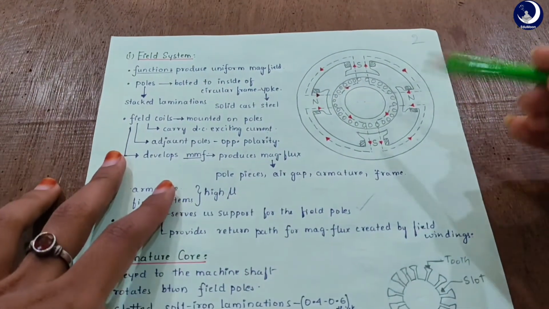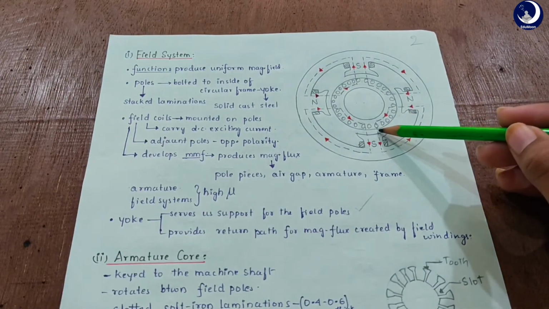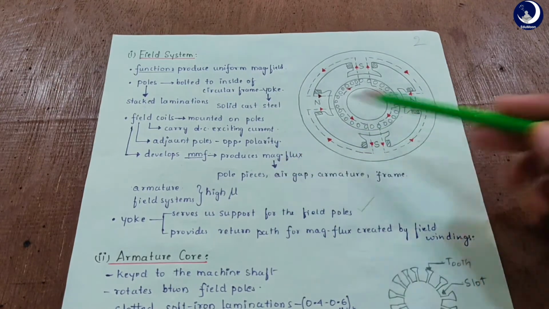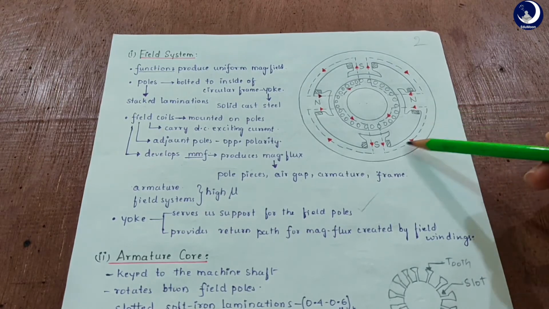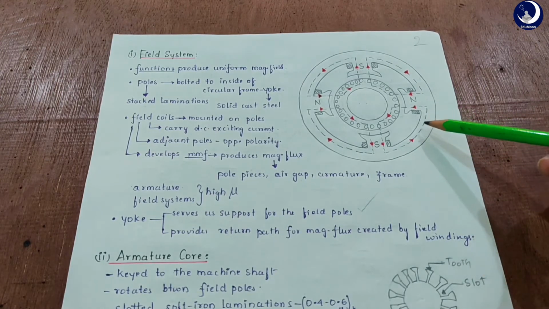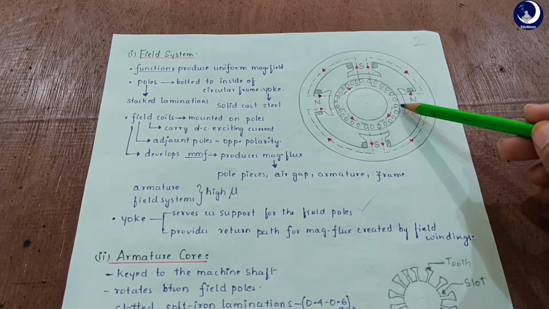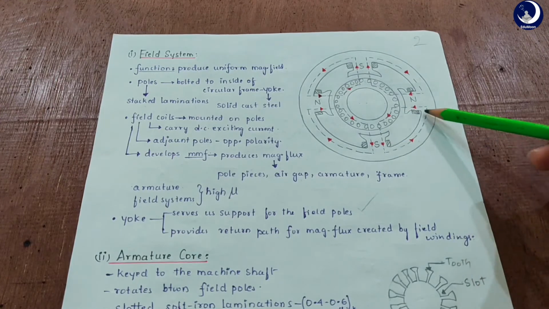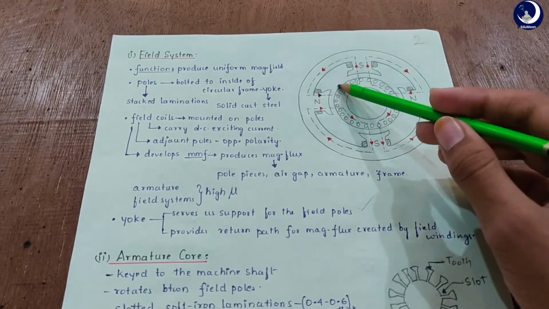See, the magnetic flux passes through the south pole piece and then through this yoke, then through the circular frame and then through the north pole, then this air gap, armature, air gap, south pole.